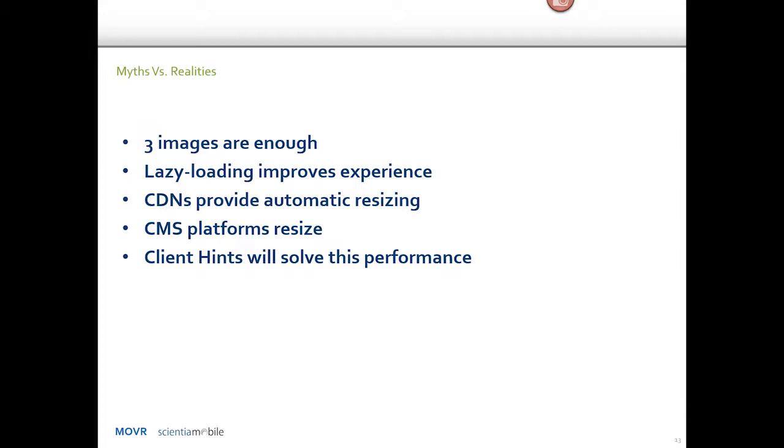So if suddenly you need a new image dimension, which is completely different from the ones you already have, you have to regenerate, go back in history of all your articles or stuff you published, and then regenerate the new size, which is not unlikely to happen. It has happened many times before.